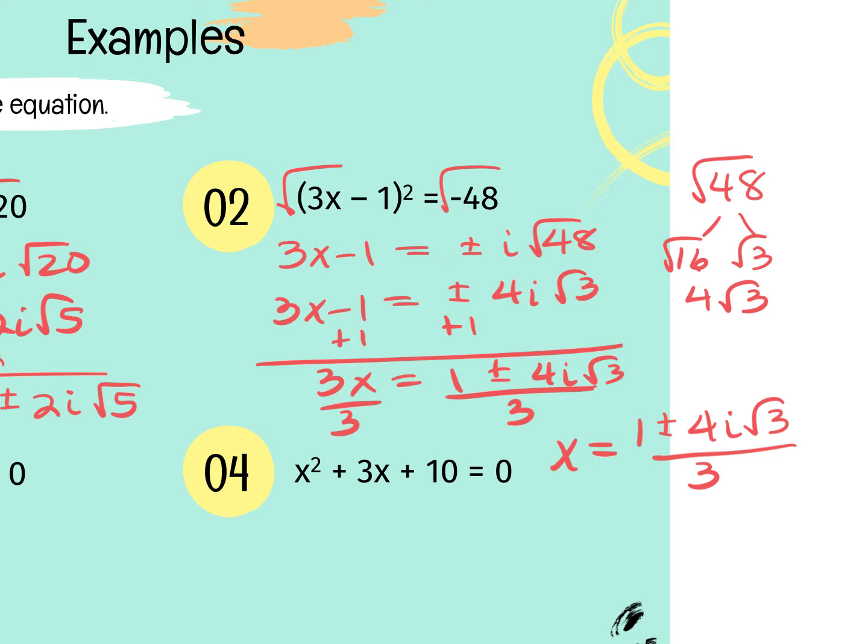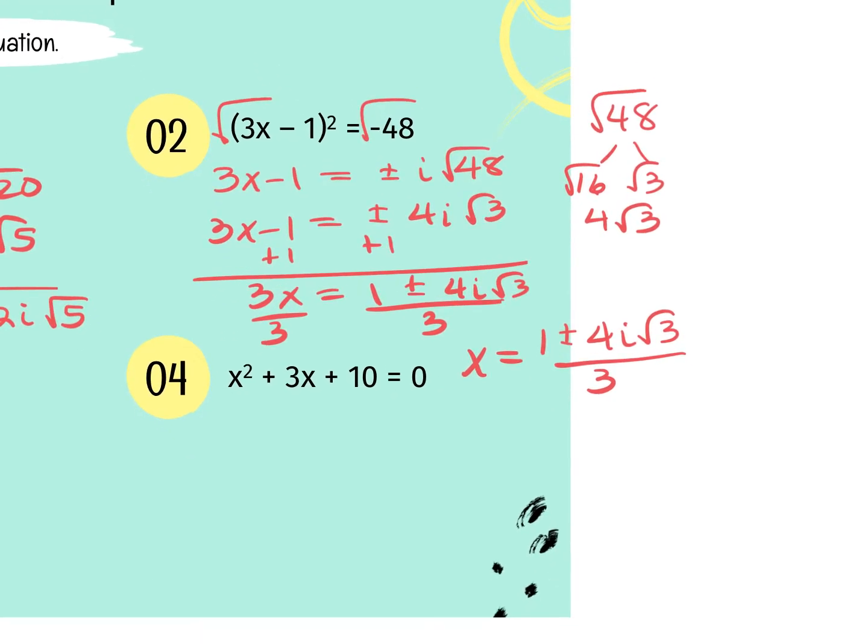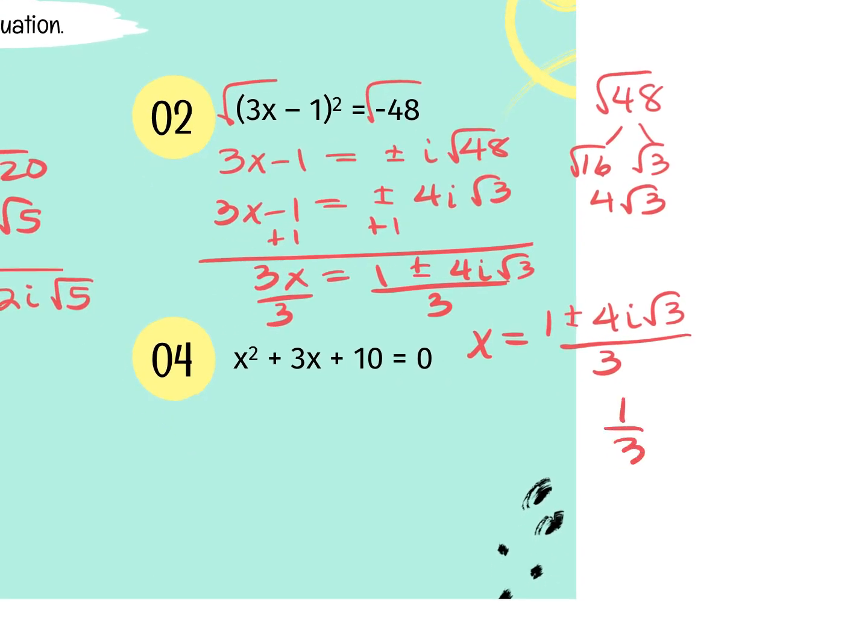Now you could also pull it apart if you wanted to enter it as 1/3 plus or minus 4i root 3 over 3. It really doesn't matter. Read what WebAssign wants. If they want you to enter it as 2 separate answers, then that's what you will do.